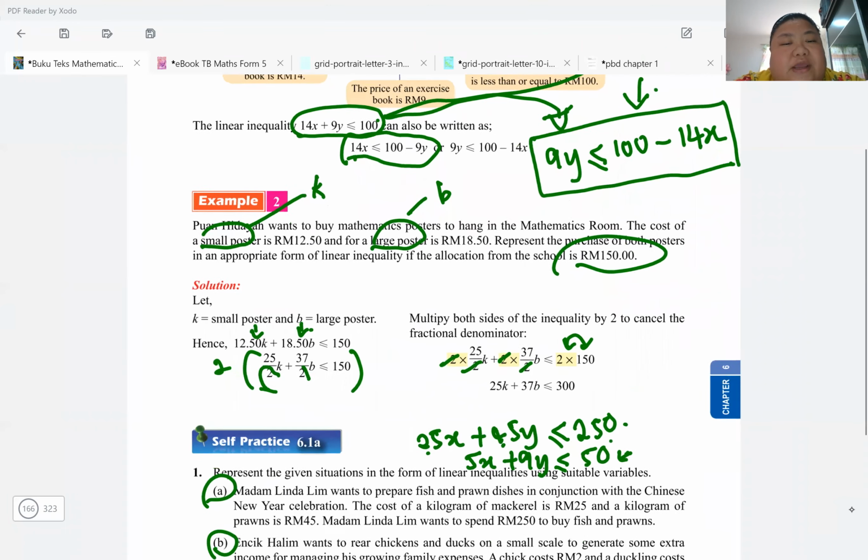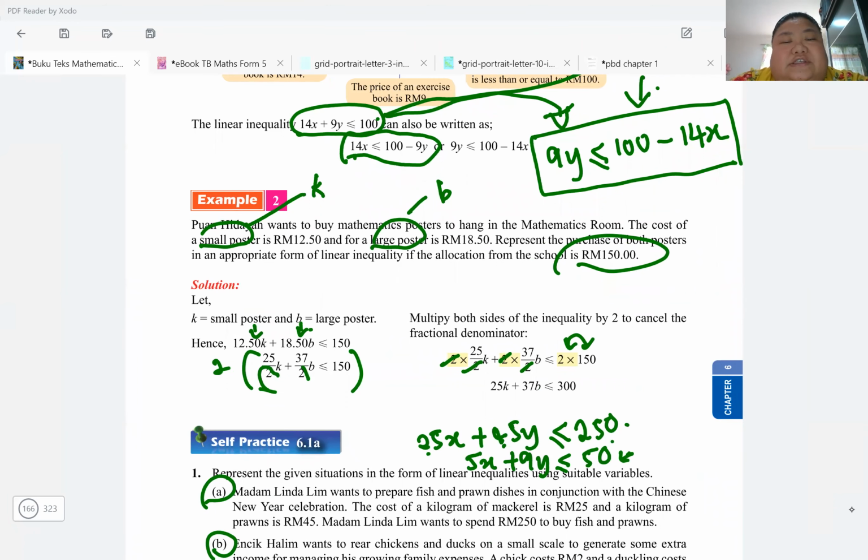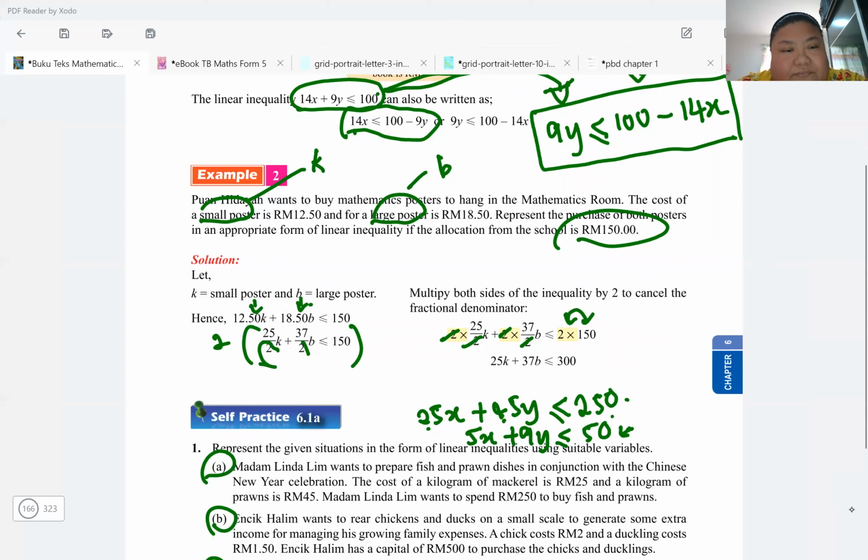Example 2. Puan Hidayah wants to buy mathematics posters to hang in the mathematics room. The cost of the small poster is 12 ringgit 50 cent and the large poster is 18 ringgit 50 cent. Represent the purchase of both posters in an appropriate form of linear inequality if the allocation from the school is 150 ringgit.